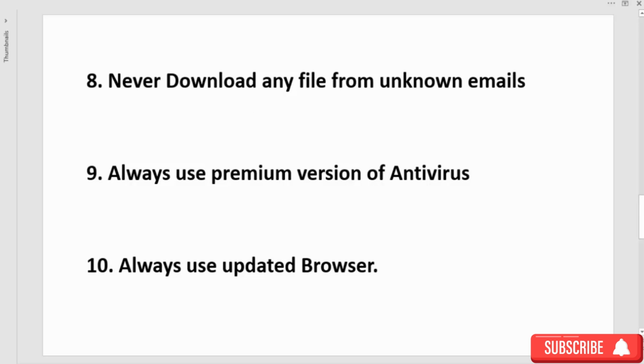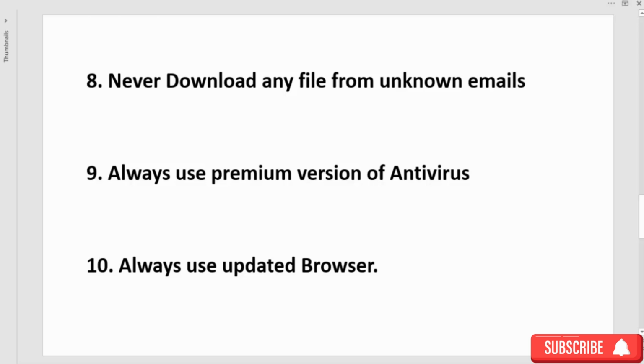Again, never download any file from unknown emails, or from any unknown websites or unknown sources. And always use the premium version of antivirus, because in the free version or the trial version you are not able to completely use all of the security features of an antivirus program.